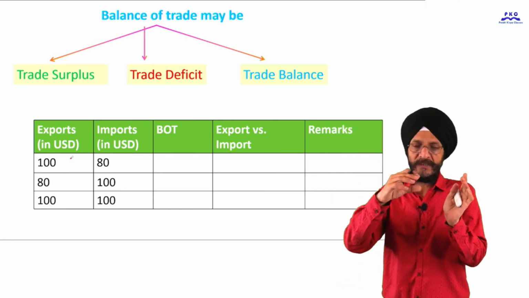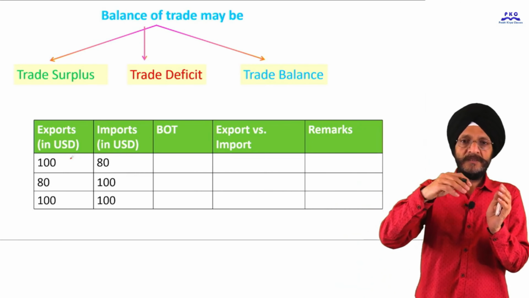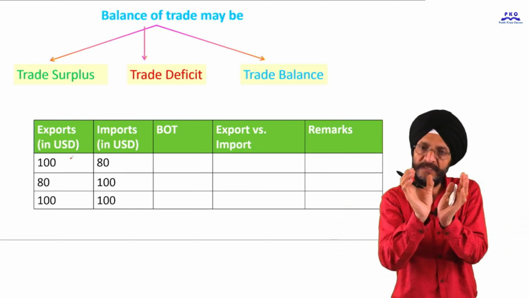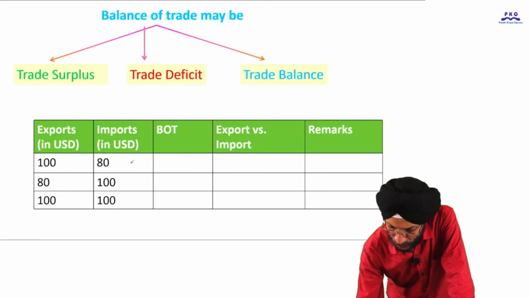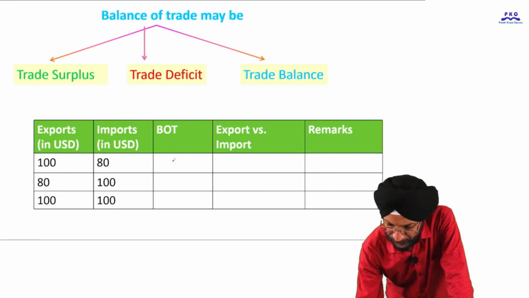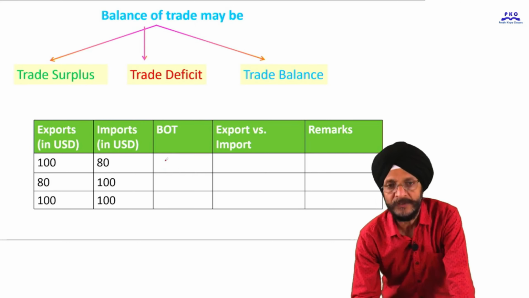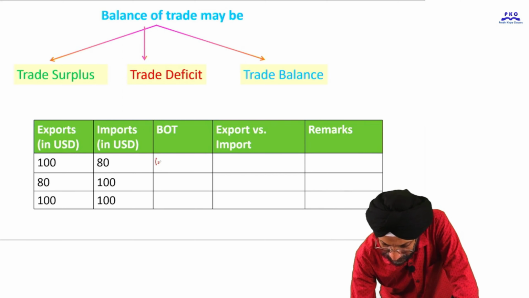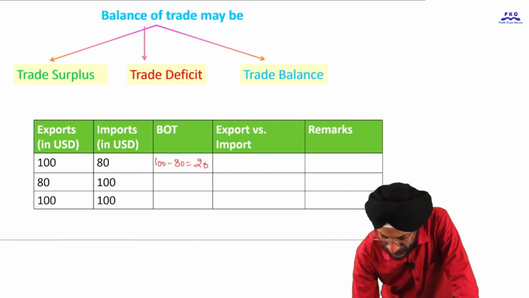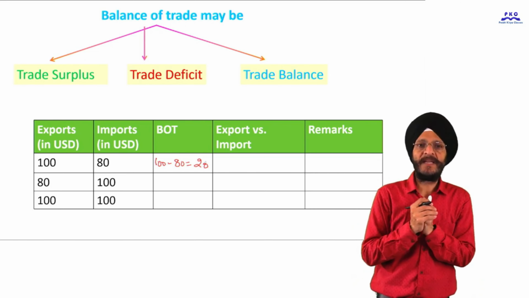We are not taking the example in billions. To keep the example simple, we are simply taking it as US dollars. So here, what is balance of trade? Balance of trade is exports minus imports. So 100 minus 80 is equal to 20. So 20 is the balance of trade.